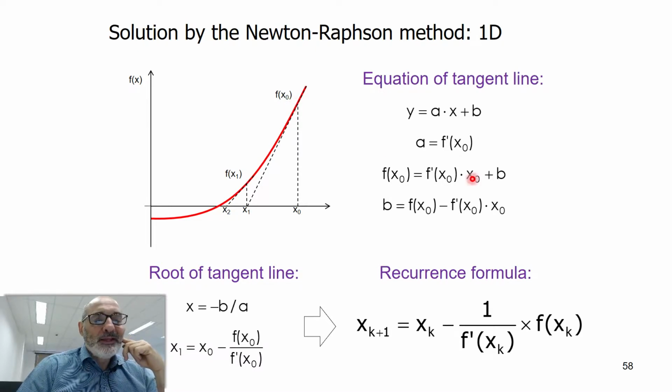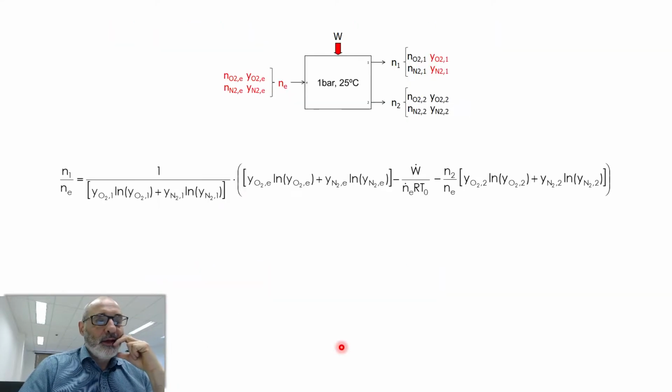So when I replace x0 in its equation, I get f of x0. From this equation I can calculate parameter b, okay? So the two parameters are here, and when I calculate the root of the tangent line, I simply make y equals 0, okay? Then I get this formula here.